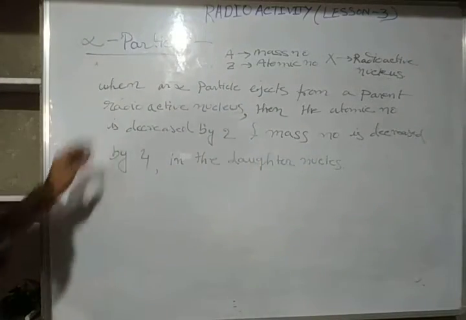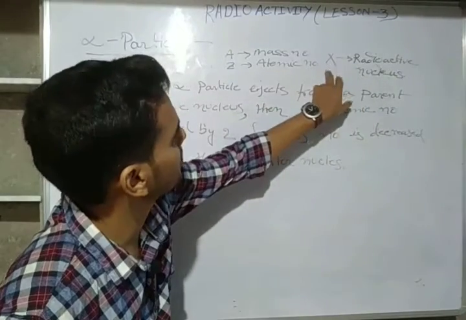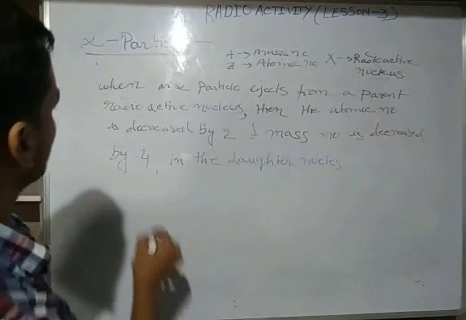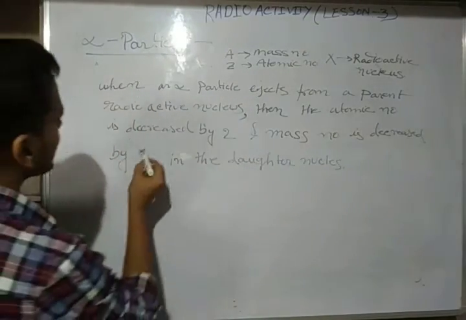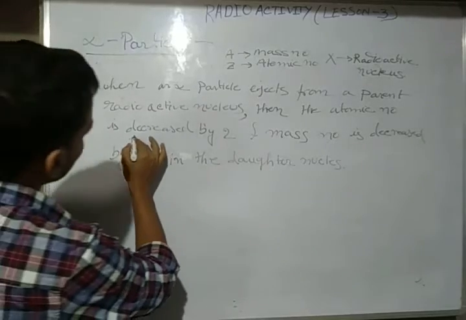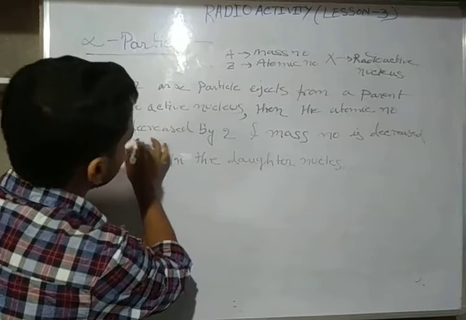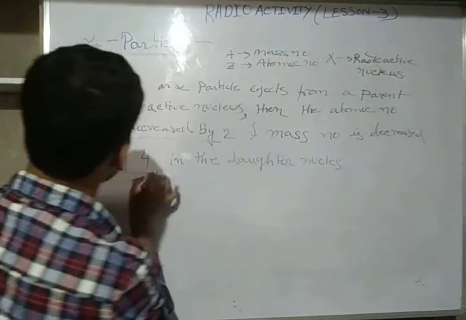Means after ejection of an alpha particle, the new nucleus which is formed has atomic number decreased by 2 and mass number also decreased by 4.